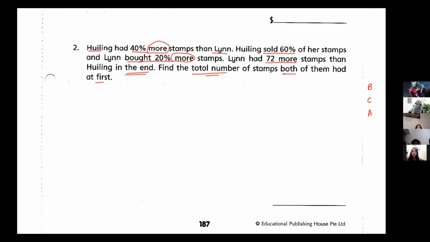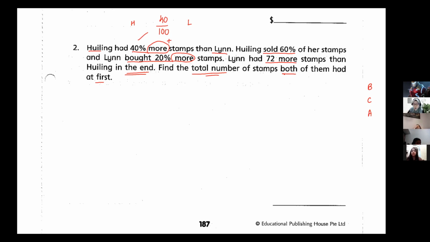Okay, let's do that. Now, Hui Ling had 40% more stems than Lin. So 40% is actually 40 over 100. We have Hui Ling and we have Lin. However, the word "more" means Hui Ling got more. If you look at this first fraction, Hui Ling is the numerator and Lin is the denominator.